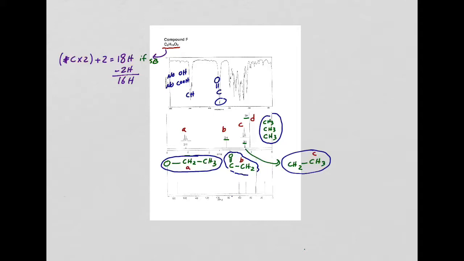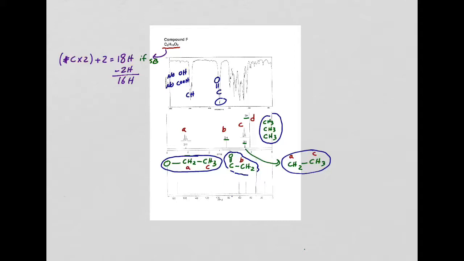So this is going to be my peak C, and this is going to be my peak A, because we have a CH2 and CH3 bonded together. So most likely, these two are bonded together. These two are bonded together. Okay. Beautiful. So we have all the pieces. You're ready to put it together.